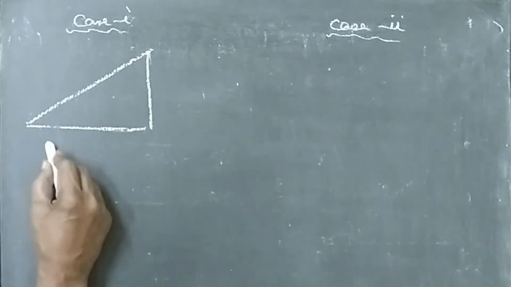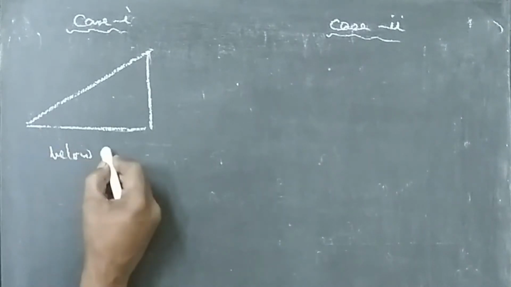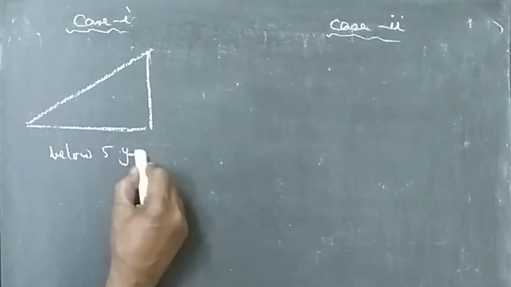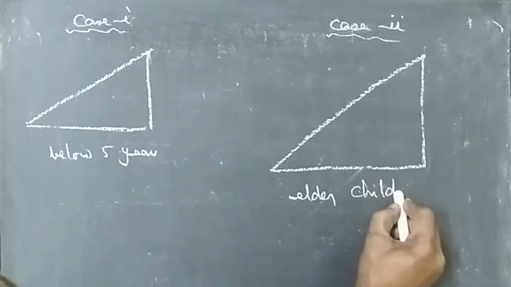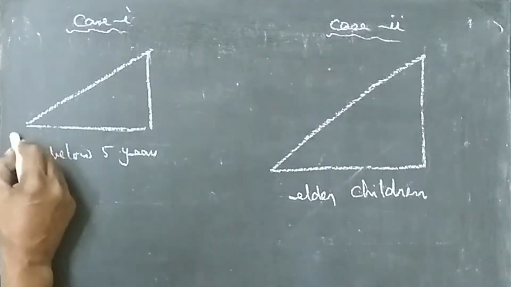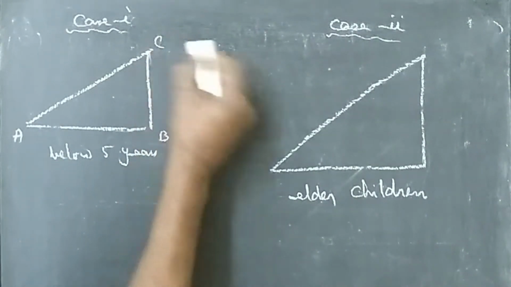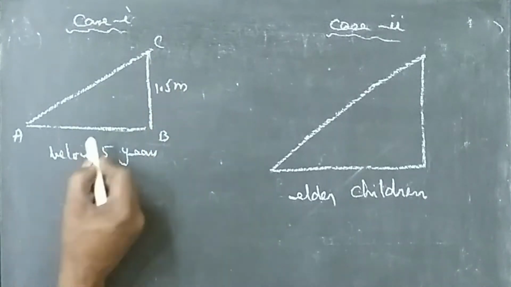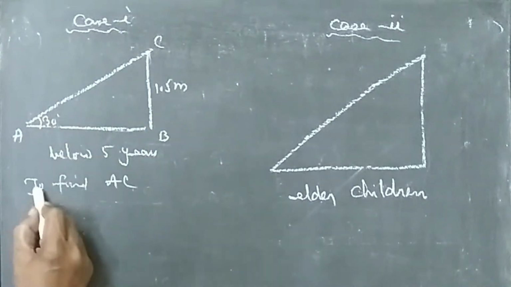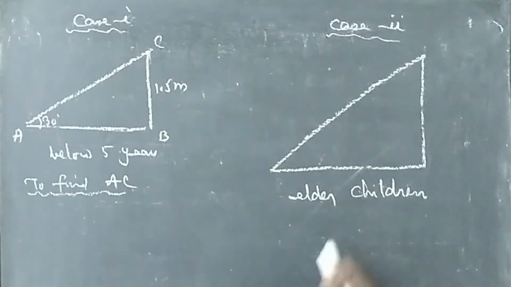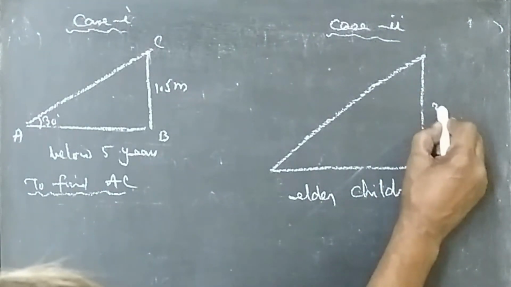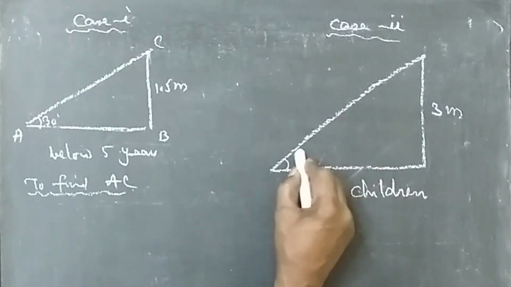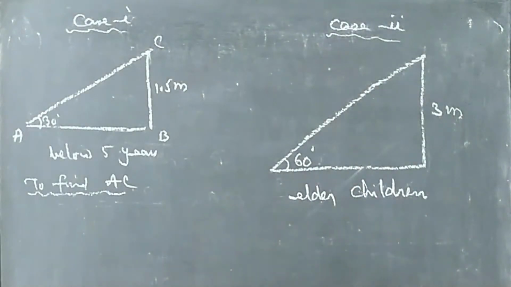In the figure below, this is ABC. Here the height is 1.5 meter. This is 30 degree, to point AC. Here the height is 3 meter and the slide makes 60 degree with the ground.